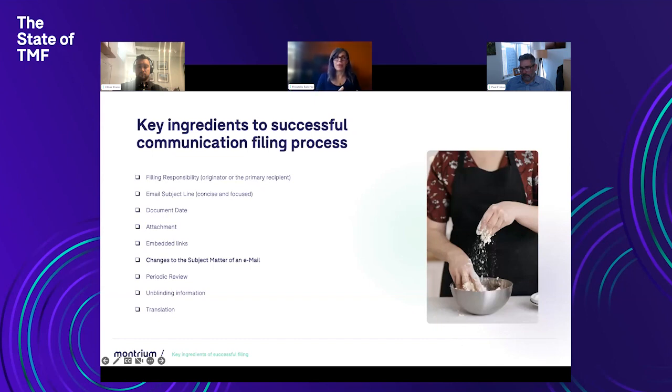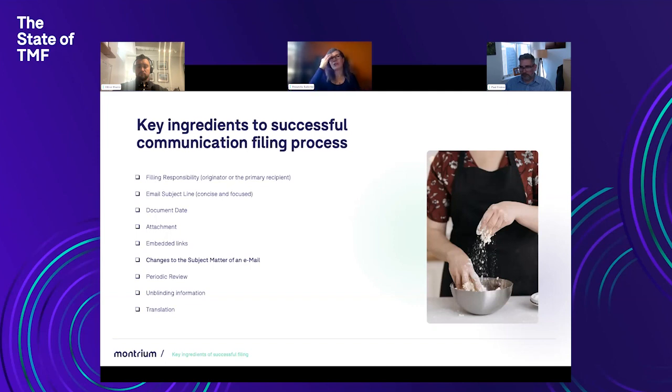Don't forget the periodic review. If we say that emails are equal to essential documents in the TMF, essential documents must be reviewed on a regular basis. Email, same approach. It's not just a matter of filing them, it's a matter of doing periodic review. So treat them as an official document of your TMF.